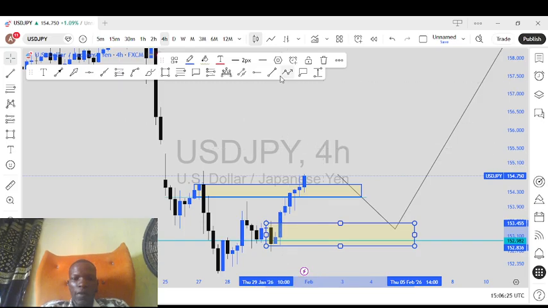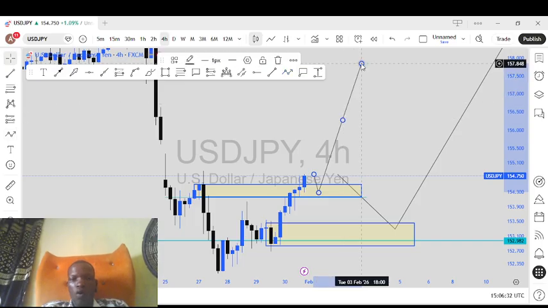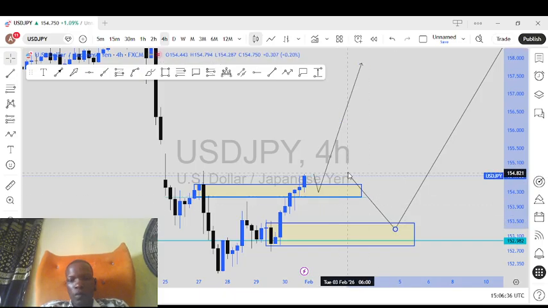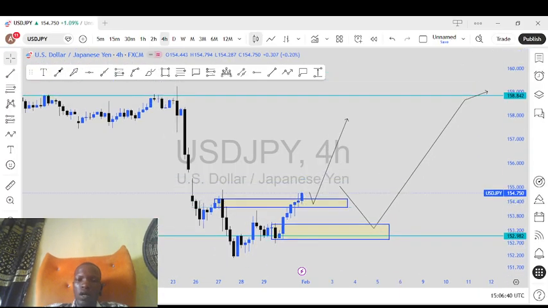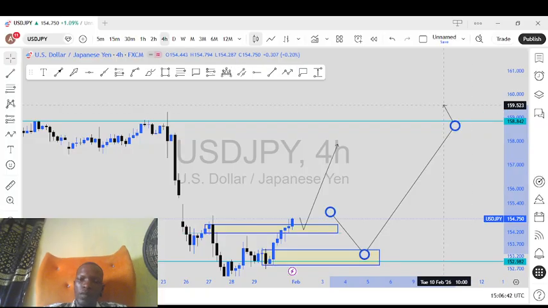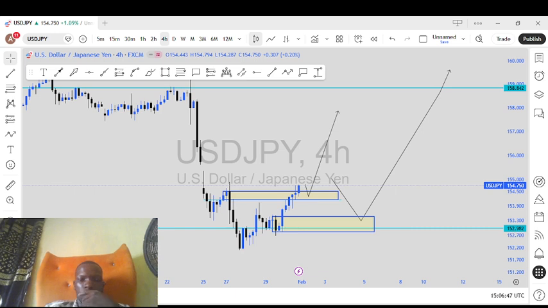So it's either market gives us pullback to this area and buy, or market comes back to this level and buy. So we have two zones down that we can say we expect market to come. So let's watch out and see what is going to happen on this area.